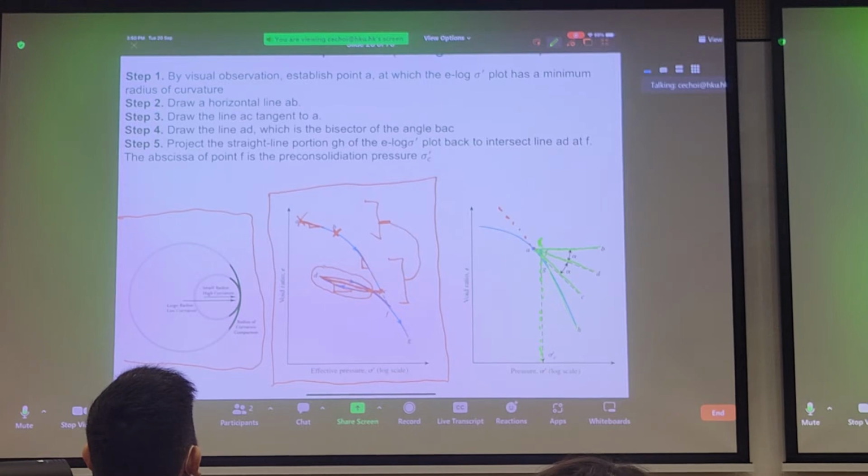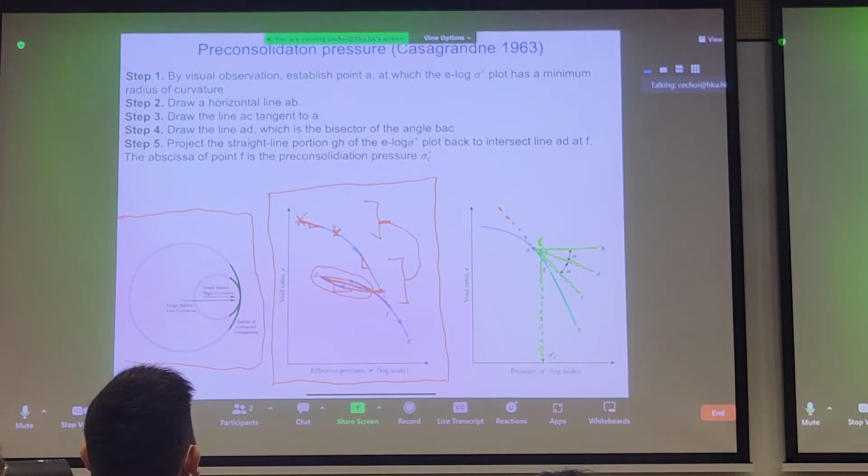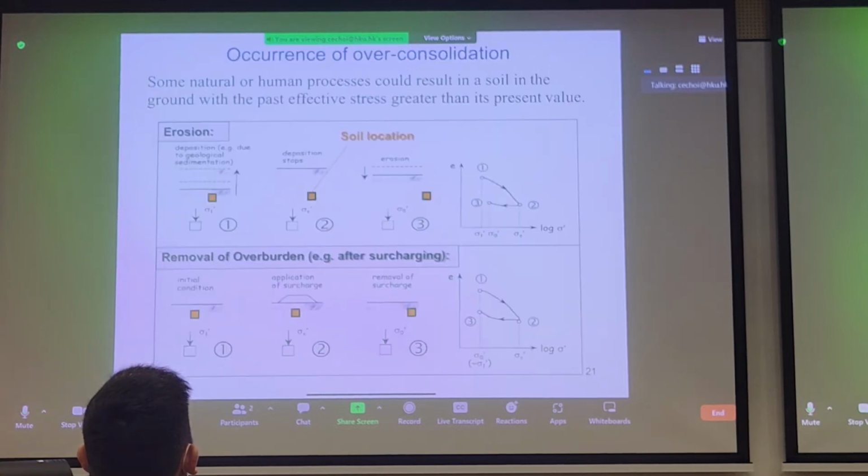So it's not quite at point A. Even this method has a bit of interpretation. I mean, each of us interpreting the point of minimum radius of curvature could be slightly different, but I guess there's some method to this, right? Anyhow, that's how you would eyeball it off of a void ratio versus effective stress plot. We won't talk about it too much because you're supposed to understand this already from soil mechanics.